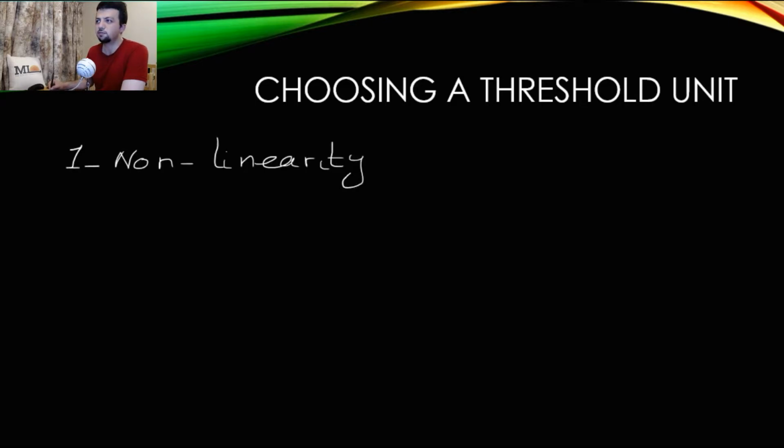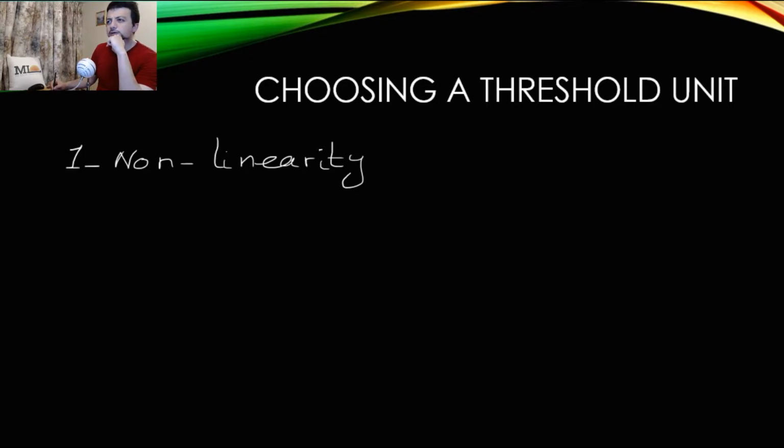It just has more flexibility compared to a line. Right? So the number one condition in choosing a threshold unit that we are interested in is going to be nonlinearity. That's the first property that we're interested in.